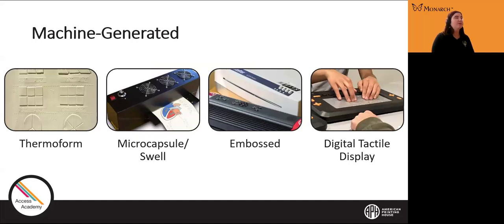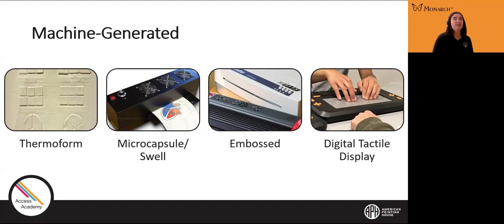So some machine generated look like thermoform, which was somewhat covered in the first webinar, because that is where you would take your collage graphic and use a thermoform machine to heat a piece of plastic over it so that it conforms to that shape.